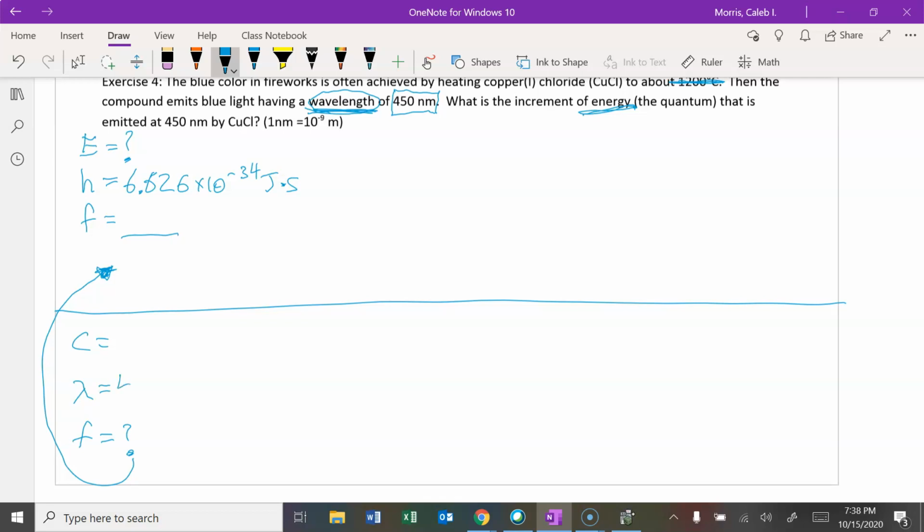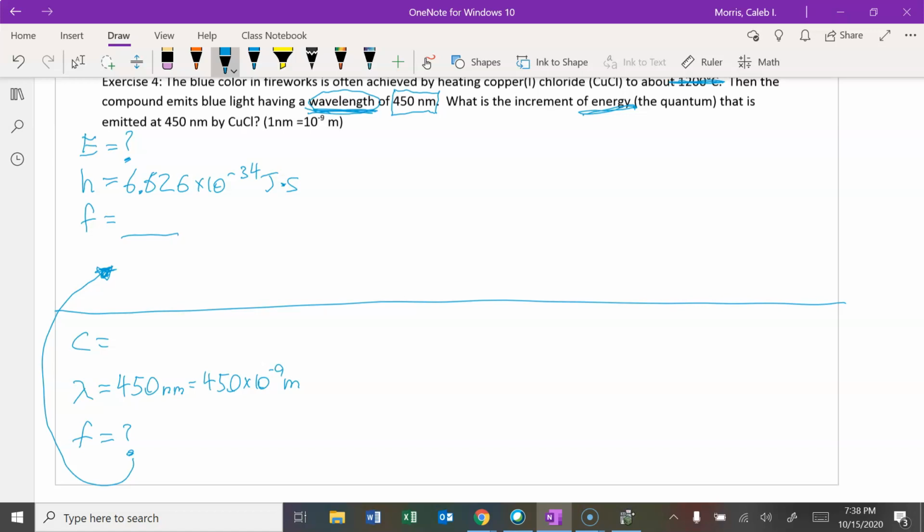That's 450 nanometers, which is 450 times 10 to the negative 9th meters, right? Or you could say 4.50 times 10 to the negative 7th if you put it in the calculator, but I wouldn't worry about it. We're just going to plug it into the calculator like that.